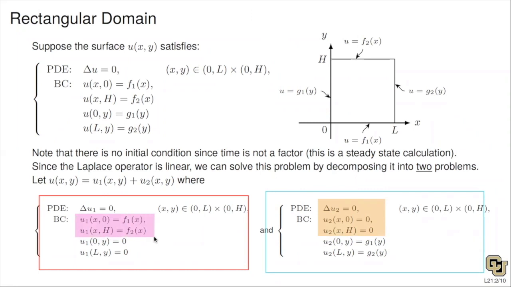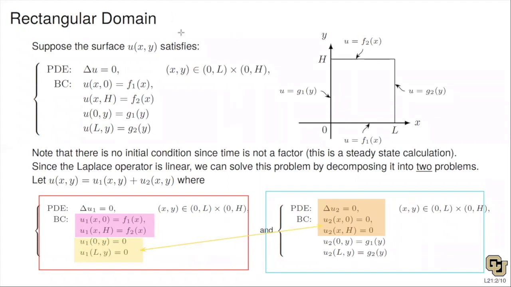So you'll see it'll look very similar. We'll actually get a solution that looks identical to the U1 equation, but the role of the x and y variables are reversed. If you take the U1 equation, replace all the x's with y's and replace all the capital H's with capital L's, you basically get the same type of solution. Because here in the U1 equation, here's where we have our trivial boundary conditions.